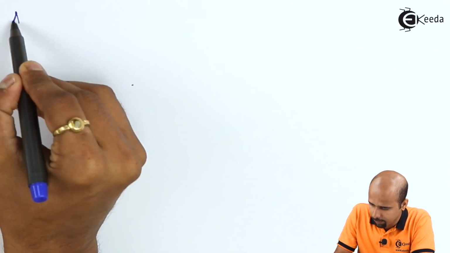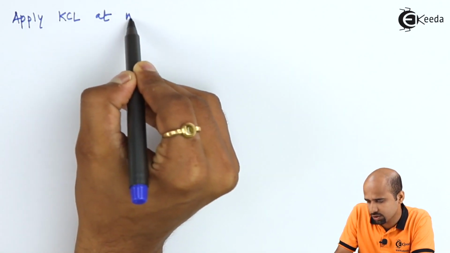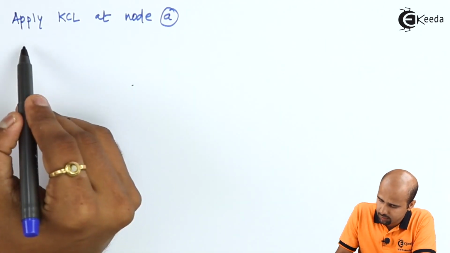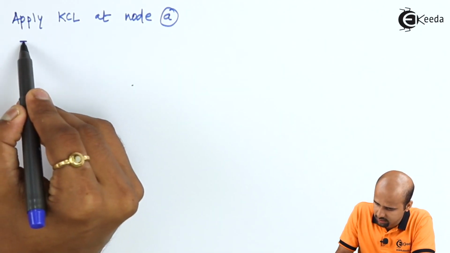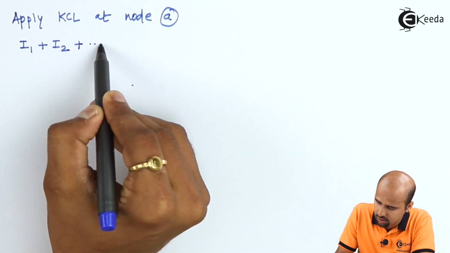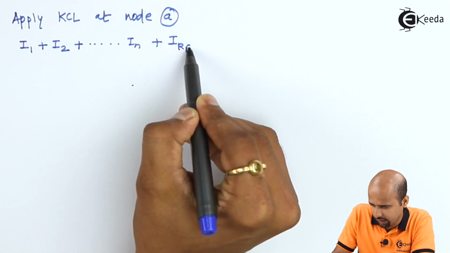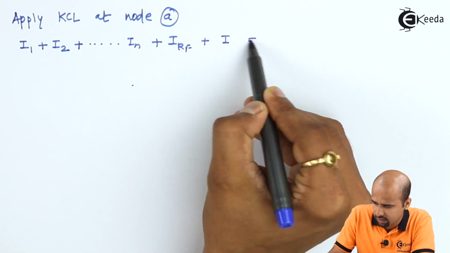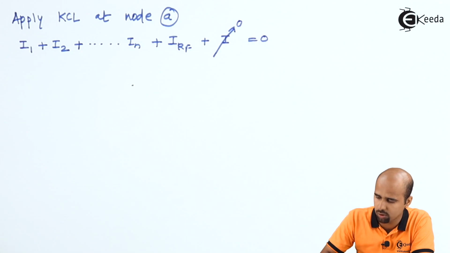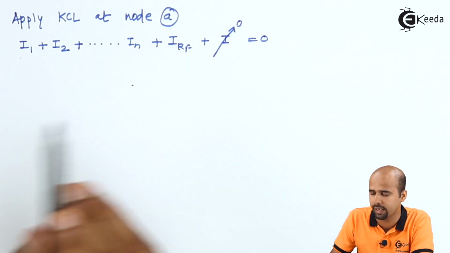First of all, we will apply KCL at node A. Very simple. We write I1 plus I2 plus up to IN plus IRF plus I is equal to 0. As I is already 0, we just need the relation between I1, I2 up to IN and IRF.